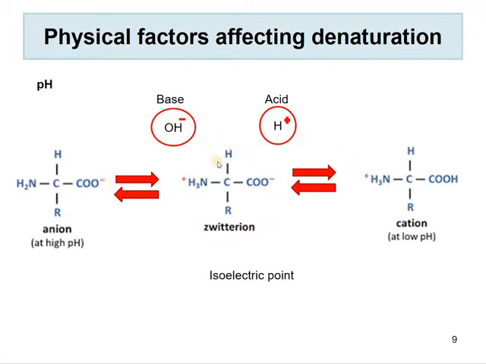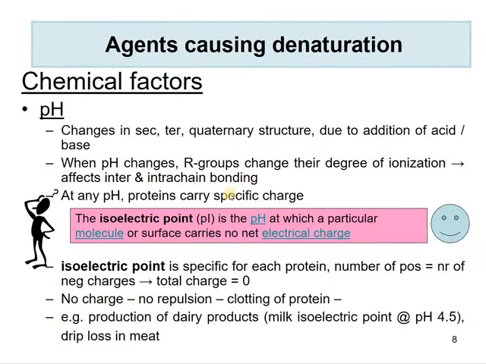So we can always manipulate the pH of a protein by taking it to its isoelectric point, because at the isoelectric point the net charge is equal to 0, and when the net charge is 0, the protein tends to clot, because there's no repulsion and no attraction.